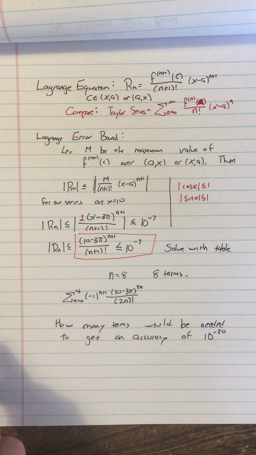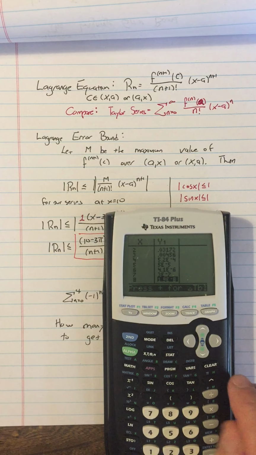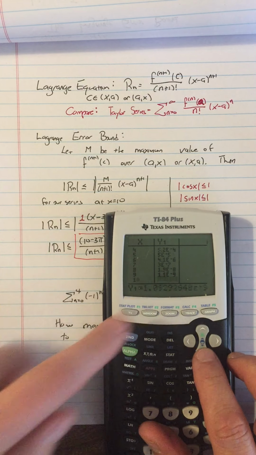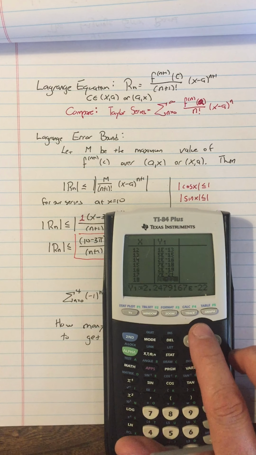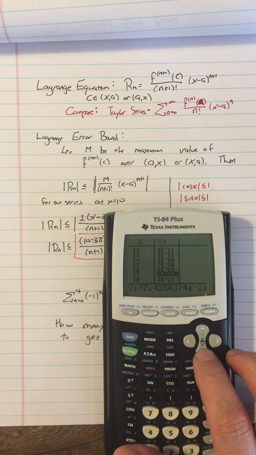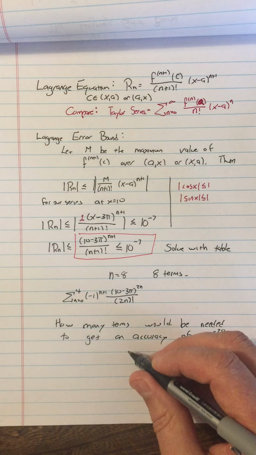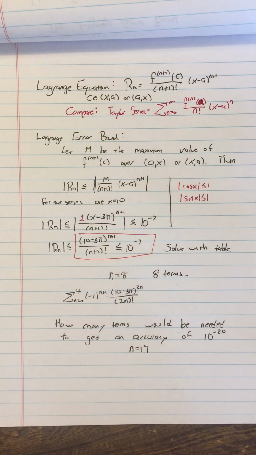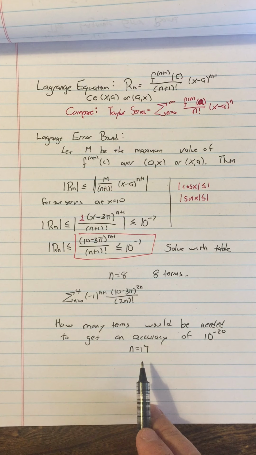All right, so all I have to do is look at my table, so we'll just go back to the table and ask, when do I get 10 to the negative 20th for my error term? I just keep scrolling down here. There's 10 to the negative 19th, there's 10 to the negative 21st, so I need n equals 17. So I need 17 terms. Now, by the way, the odd terms are all 0.